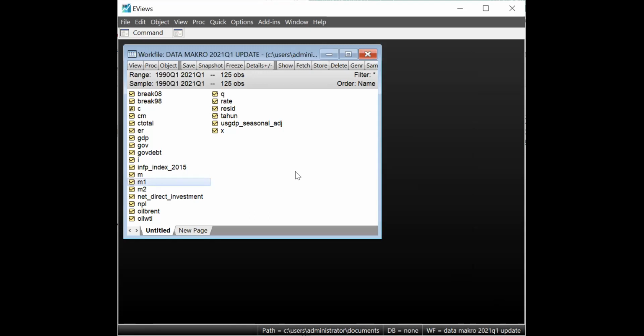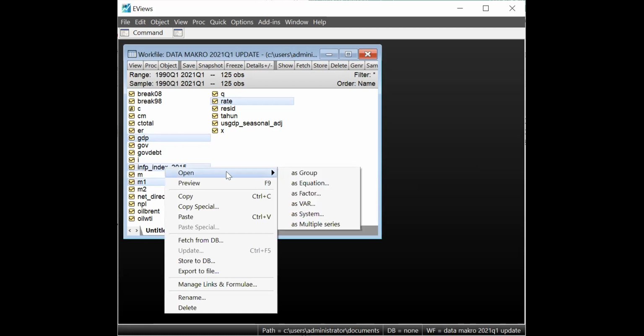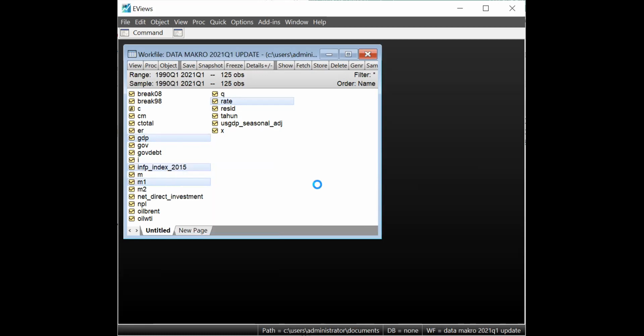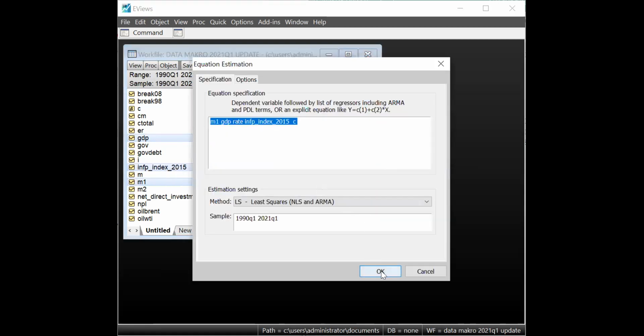Demand for money usually depends on GDP for income. We have GDP here, and we have interest rate. We have also inflation here. This is demand for nominal money. This is a linear regression model.